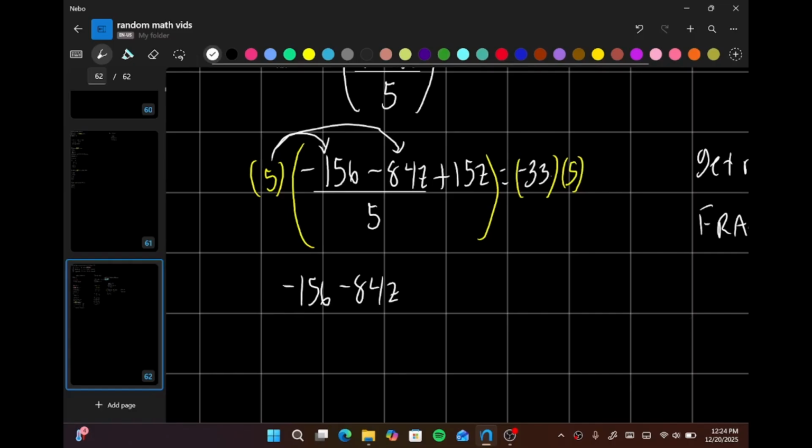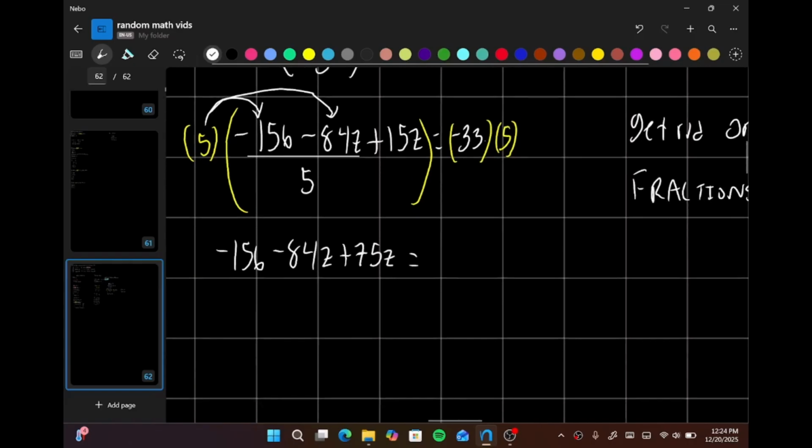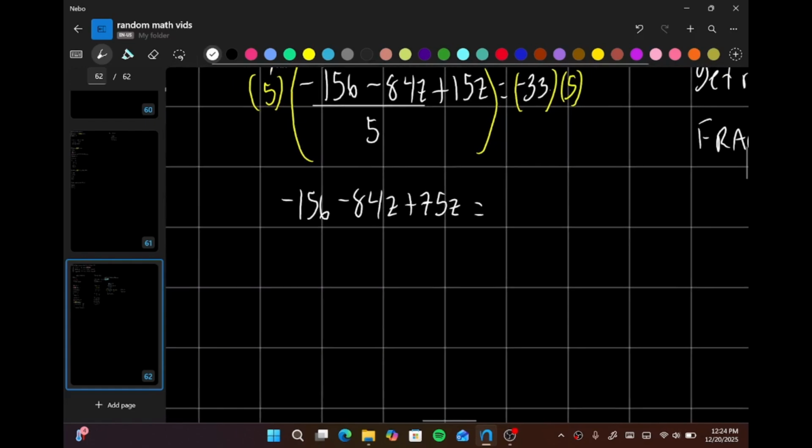Okay. And then plus 15 times 5 is 75z. And then is equal to negative 33 times 5. That is going to be negative 165, if I'm correct.